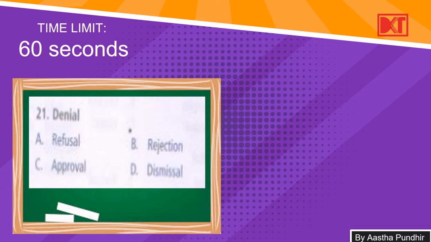Next word is denial. Options are A, refusal, B, rejection, C, approval, D, dismissal. Now here the correct answer, which means the correct antonym, is C, approval. Denial means saying no to something, refusing something.